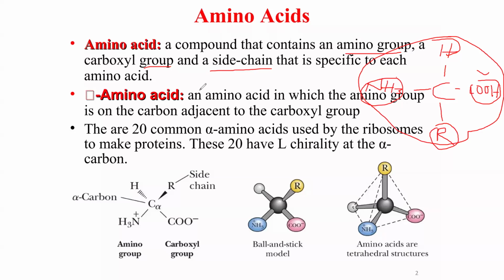As I said, this R side chain is very, very important because it is specific to each amino acid. Some amino acids have hydrogen as their R side chain. Some have CH3, that is a methyl group. Some have a thiol group, that is an SH group. So each amino acid has its own specific R side chain. It's not the same for all the amino acids.